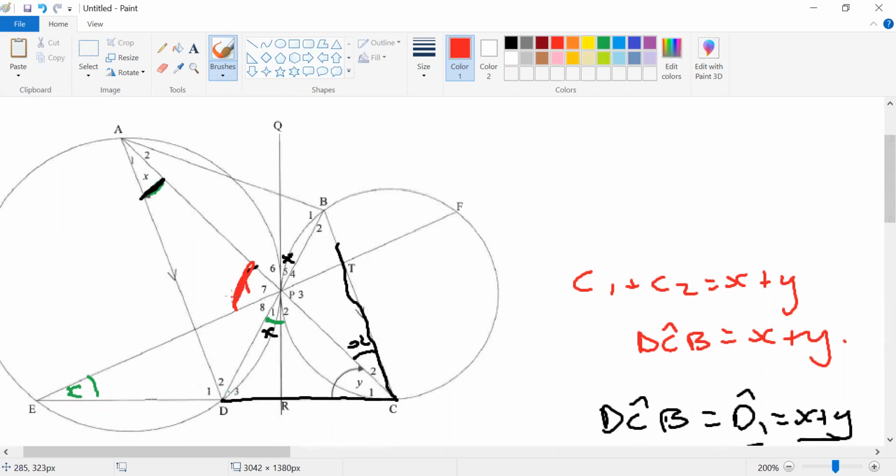And if we actually look at it, P7 and D1 are actually angles in the same segment because they are subtended from this line AE, or that arc AE. And they are creating both of these angles at the circumference.